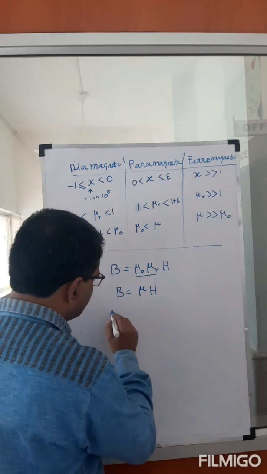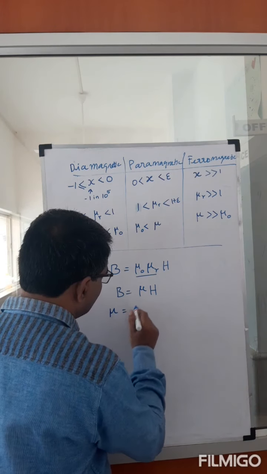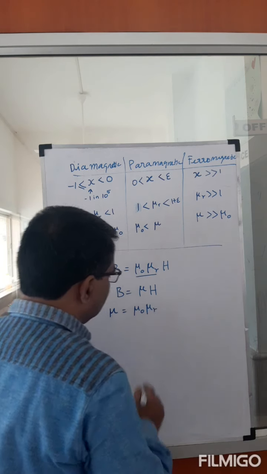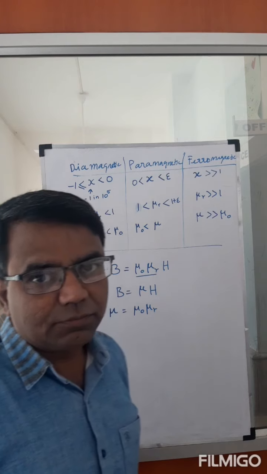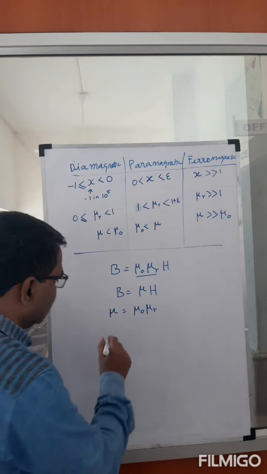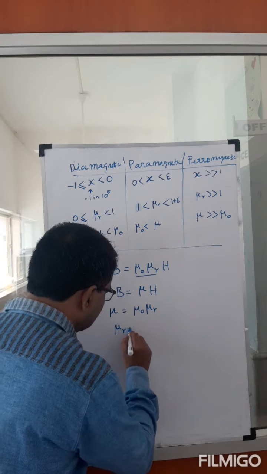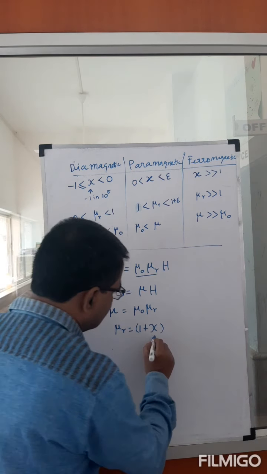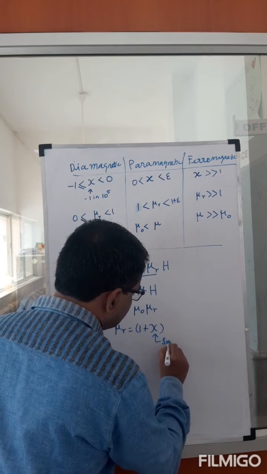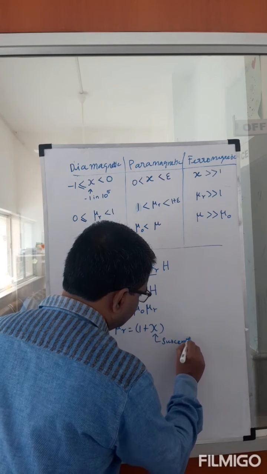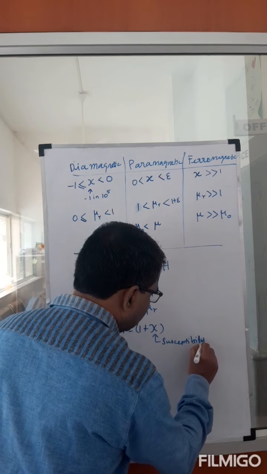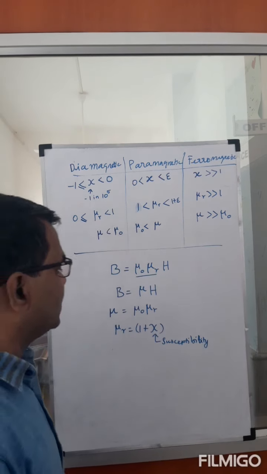So I can write it like this: mu is equal to mu naught mu r. But what do we know about mu r? Mu r is actually equal to 1 plus xi, where xi is the susceptibility of the material.